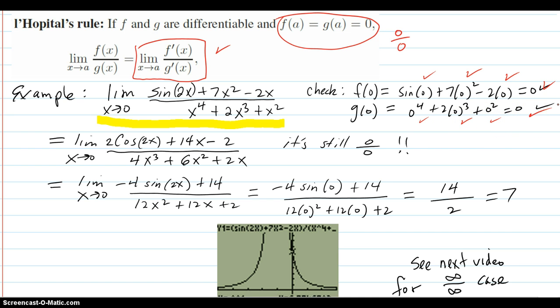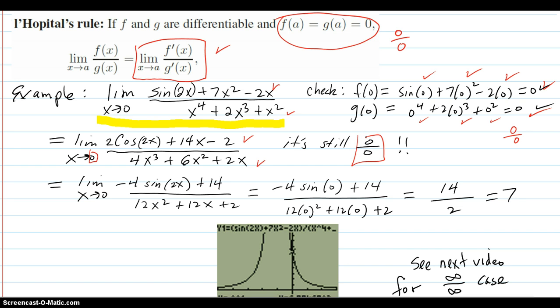That turns out to be 0. So it's a 0 over 0 case. So we can apply L'Hopital's. So we take the derivative of the numerator, and we get this numerator, derivative of the denominator, and we get this denominator. But when we go to plug in x equals 0, we still have the 0 over 0 case.